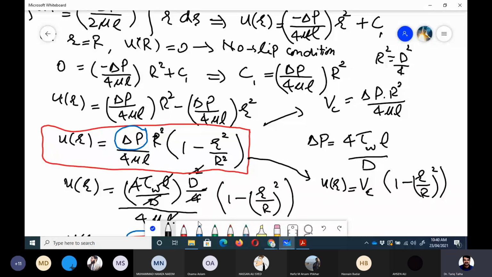Now I am going to put this relation in the integration.